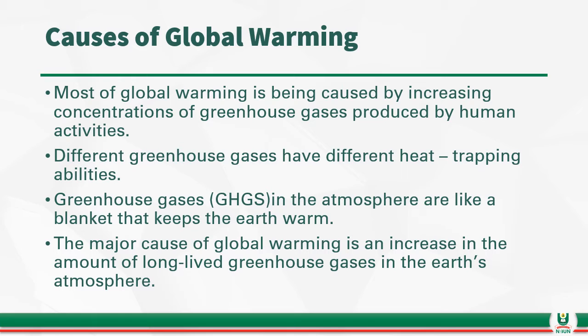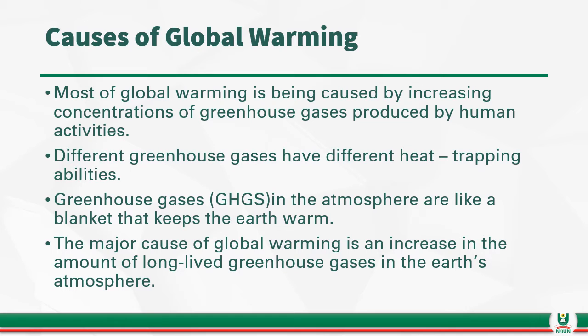They have different heat trapping ability. A molecule of methane produces more than 20 times the warming of a molecule of carbon dioxide. Nitrogen oxide has 300 times more heat trapping ability than carbon dioxide, while the fluorocarbons have heat trapping potential thousands of times greater than carbon dioxide.